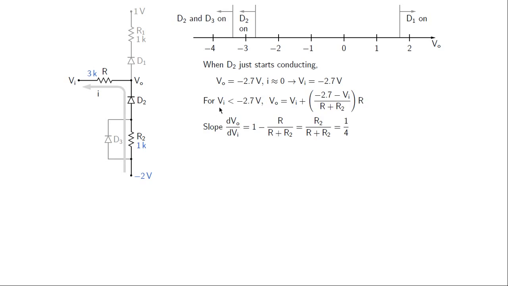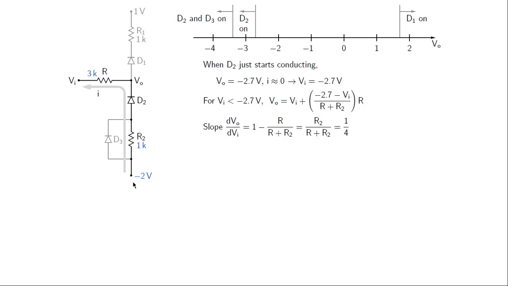When we make VI more negative than minus 2.7 volts, that is VI less than minus 2.7 volts, we are talking about this region now. D2 is conducting and D3 is still not conducting. So what happens then is this current starts increasing as VI becomes more and more negative, and in that case VO is VI plus I times R. And what is I?